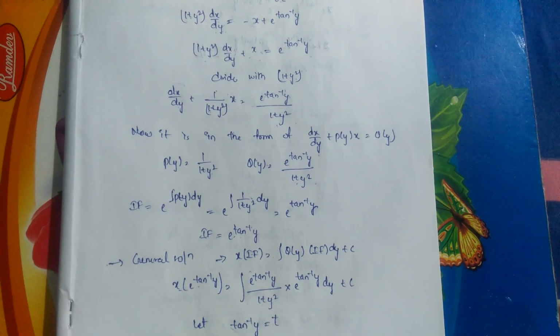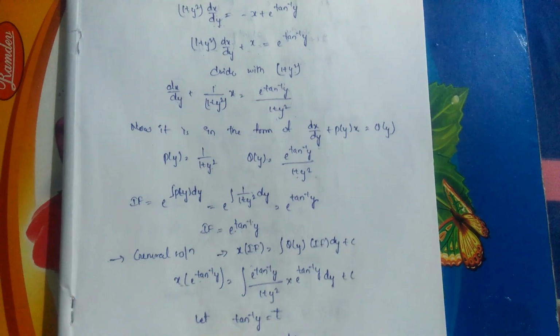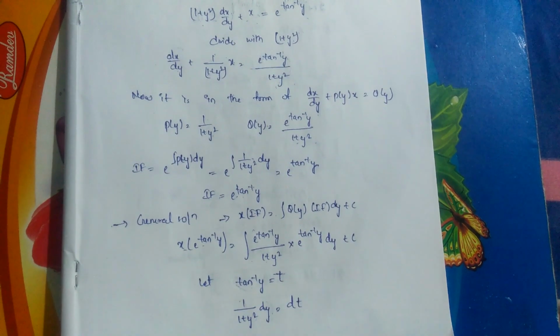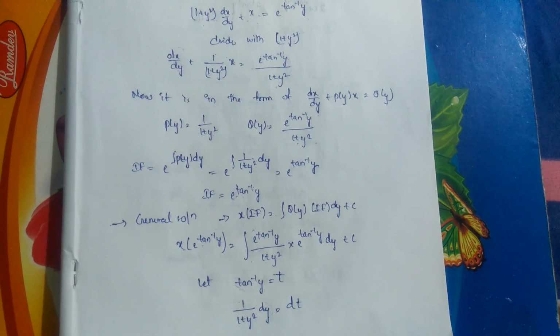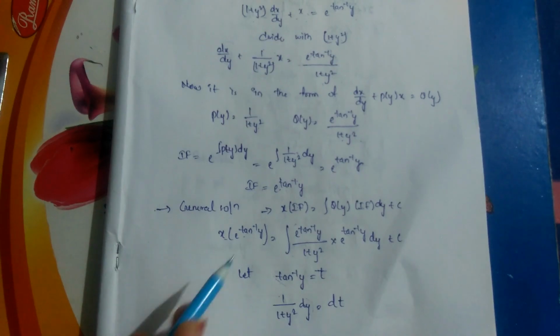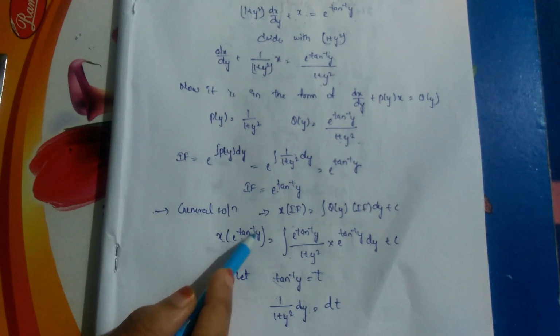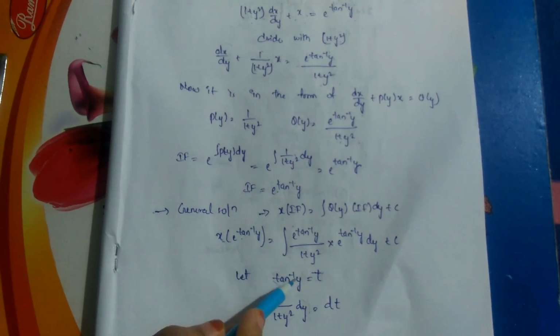Differentiation of tan⁻¹y is 1/(1 + y²)·dy, since we are differentiating with respect to y, and that equals dt.